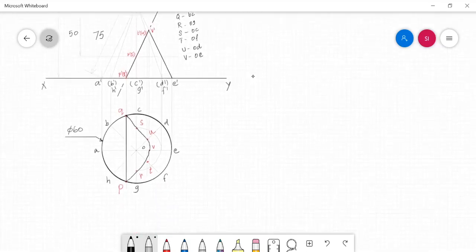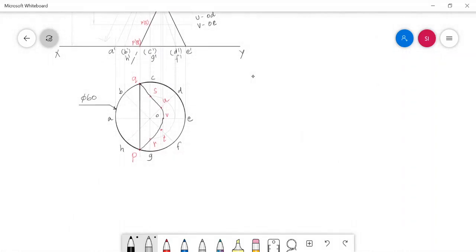Okay, so the development of the cone is always like a sector, and in this sector the radius is nothing but the true slant length of the extreme generator, say here 75 mm, and the angle in the sector theta can be found by the formula theta equal to r by l into 360.